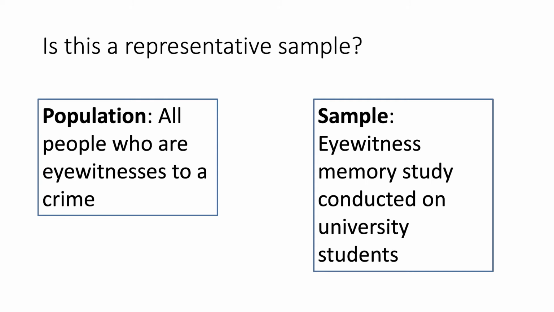So the idea in a particular study might be that you want to study eyewitness memory, people who are eyewitnesses to a crime, right? Anyone in society could potentially be an eyewitness to a crime. And if we want to study how well eyewitness memory works, we need to choose a sample.